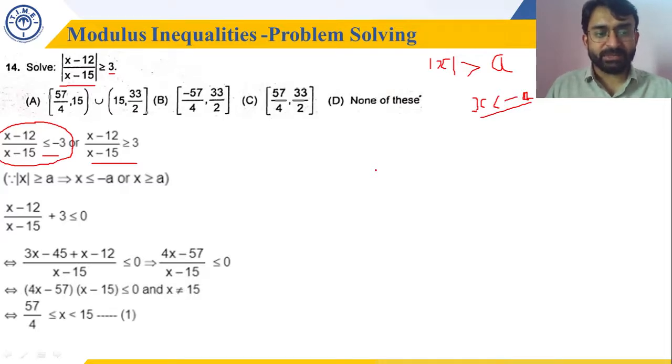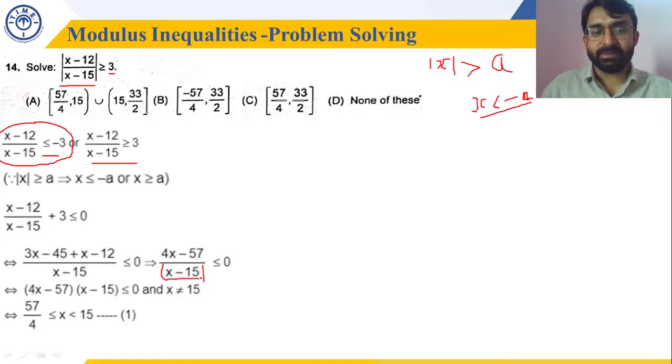So similarly, (4x minus 57) into (x minus 15) is less than or equal to 0, and x is not equal to 15. That's what we have to consider. x cannot be 15, otherwise the equation will not be defined. Now when there is a less than sign, how can we write this? I'll multiply numerator and denominator by x minus 15.